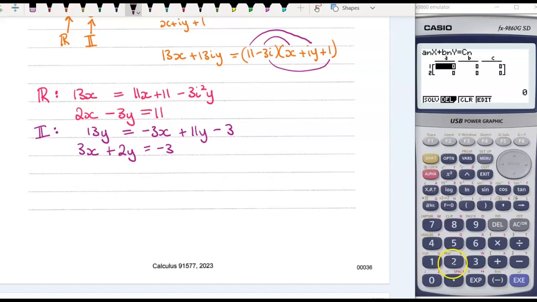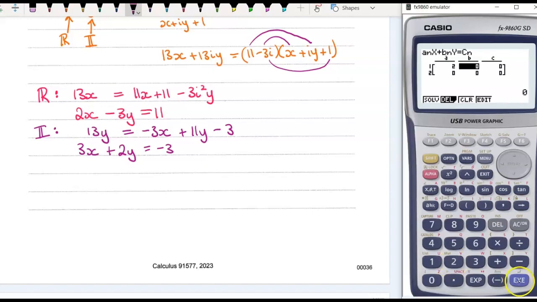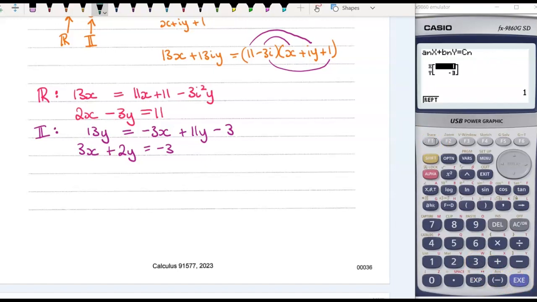Okay, so our x values are 2x there. We then have a minus 3, then the constant is 11. Then on the second equation, from the imaginary pieces, we have a 3, a 2, and a negative 3. Now we solve that, and we get that x is 1, y is minus 3.